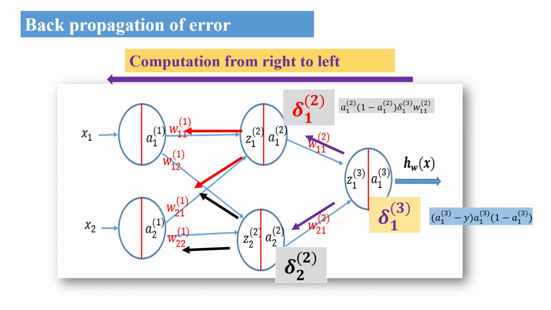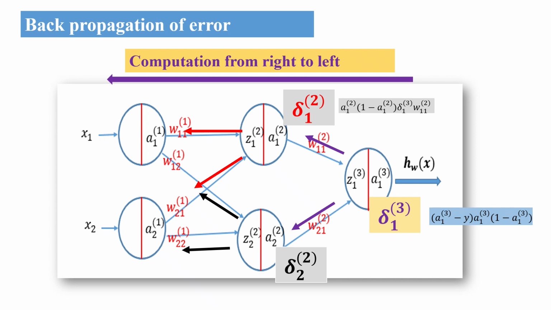So here we are now very clearly illustrating the flow of the errors from right to left. See, we have this output node. So here the delta 13, which is the value is this, and this is flowing through these purple arrows to both the previous nodes.